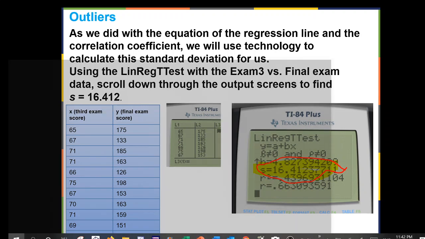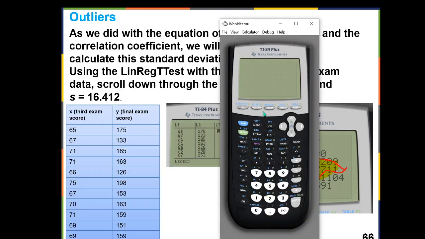Let me show you on the calculator. So again, if we run the t-test, and everything is set already, calculate, scroll down, that's our s. So s is 16.412 something.